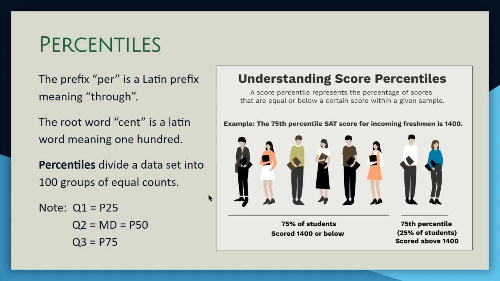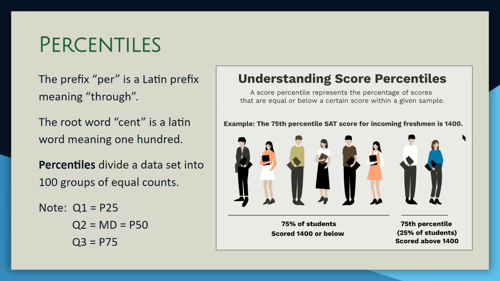What percentiles do is they show us where that boundary line is between the percentage of data that's less than that value and the percentage of data that's above that value. So right here we've got a group of incoming freshmen, and we know that for that incoming class of freshmen, the 75th percentile is 1,400.